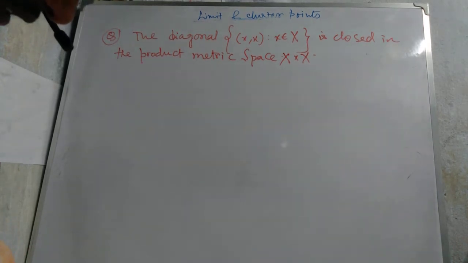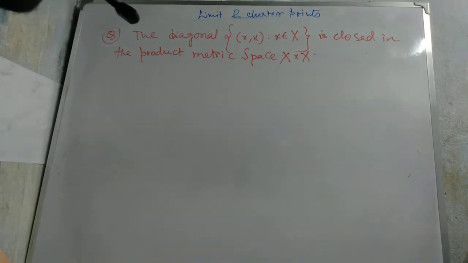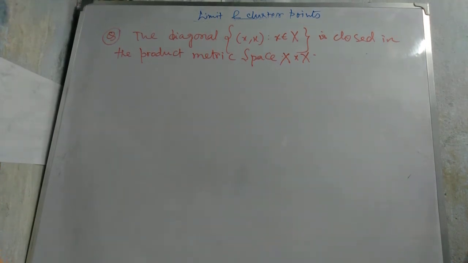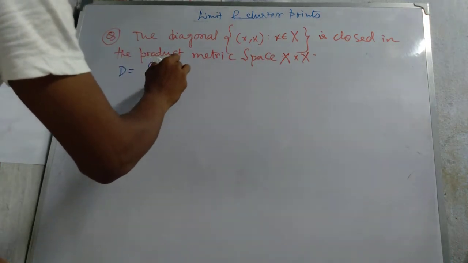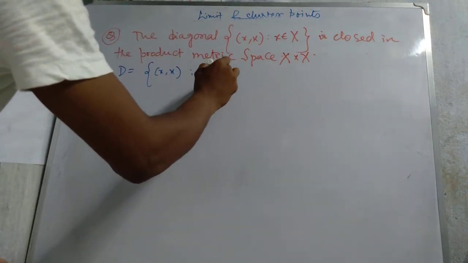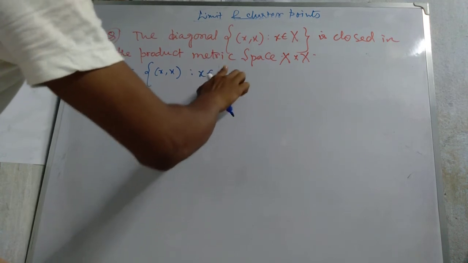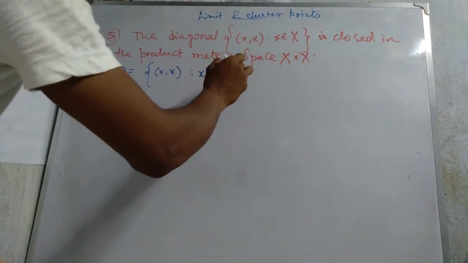So how do we proceed? We proceed in a different way. First, we just see about that. We take D equal to the set of (x, x) such that x belongs to X. Okay.